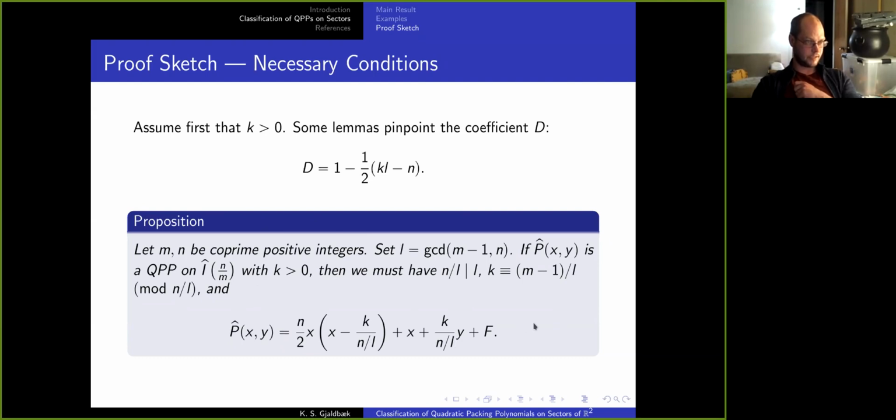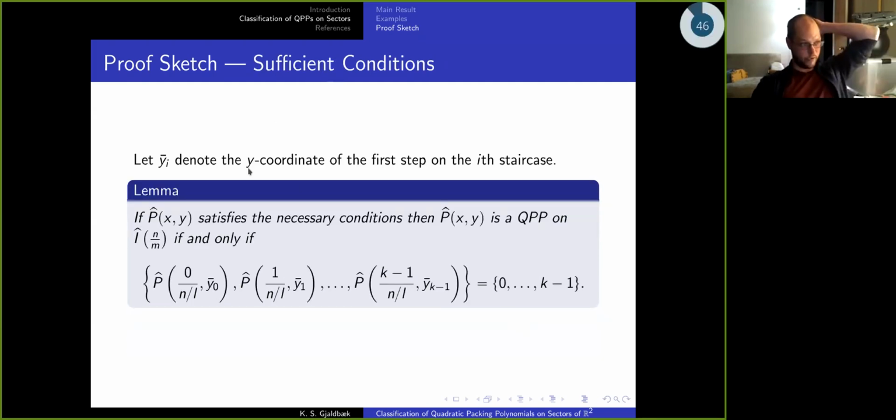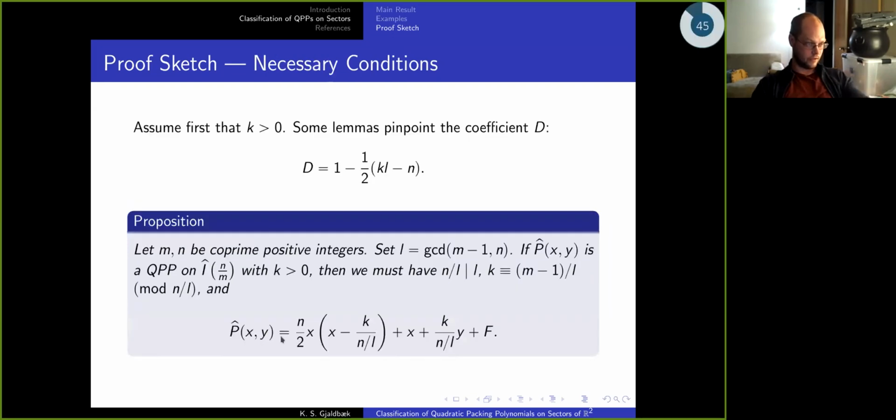And this is good enough to give us a sufficient condition. If we let y hat i denote the y coordinate of the first step on the ith staircase, then the set of values of p on the first steps of the first k staircases has to be 0 up to k minus 1. If this is the case, then the formula shows everything will fall into place.